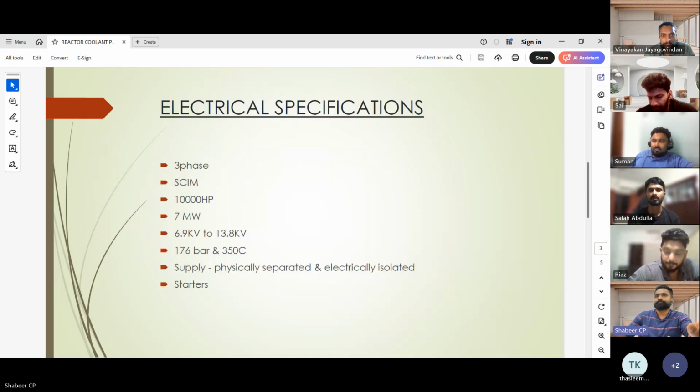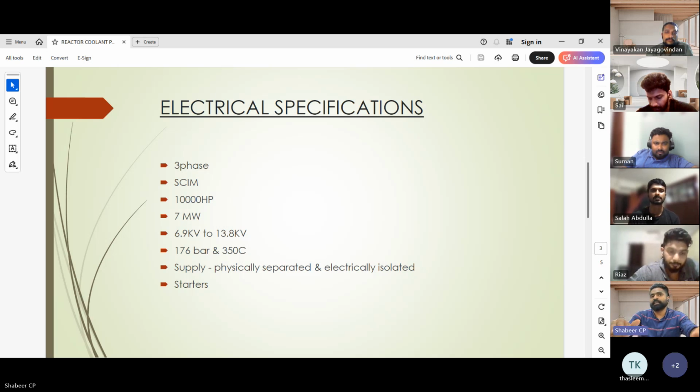In this, I am concentrating on the electrical side of the RCP. Simply, the RCP is a 3-phase squirrel cage induction motor. There are 2 types of 3-phase induction motors: one is the slip ring induction motor, the other is the squirrel cage induction motor. Here we are using the squirrel cage induction motor.